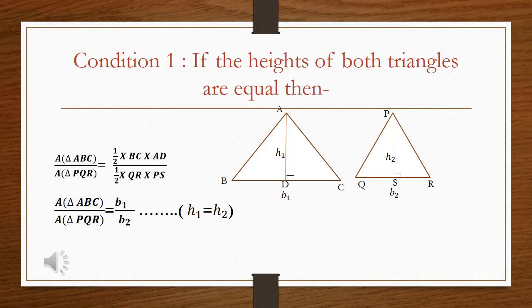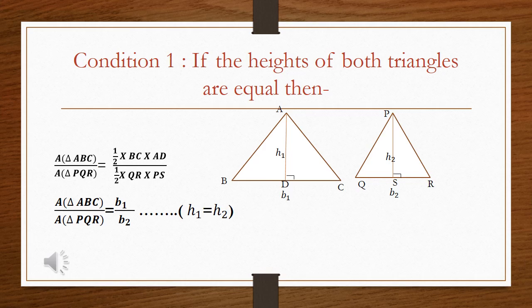Then we can write the ratio of their areas as area of triangle ABC upon area of triangle PQR equals 1/2 base into height. That means 1/2 BC into AD upon 1/2 into QR into PS. So here the ratio of their areas becomes B1 upon B2, because note that the heights of both triangles are the same.